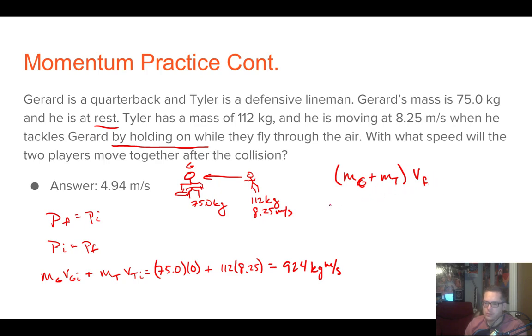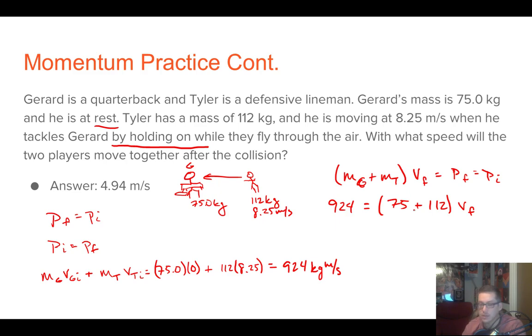Okay, so we know that 924 equals the final momentum, which had to also equal the initial momentum. So 924 has to equal mass of Gerard was 75, and the mass of Tyler was 112, and then the final velocity is whatever it is. So we'll take 924 divided by 75 plus 112.